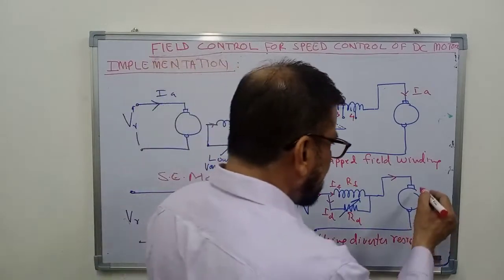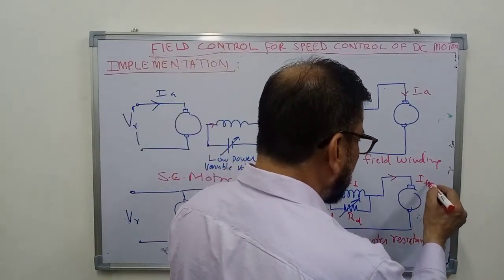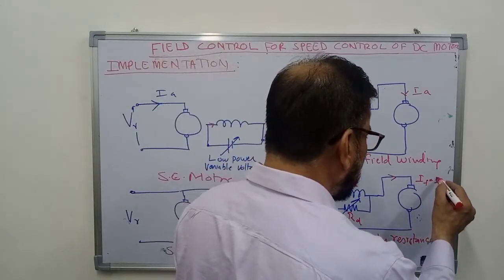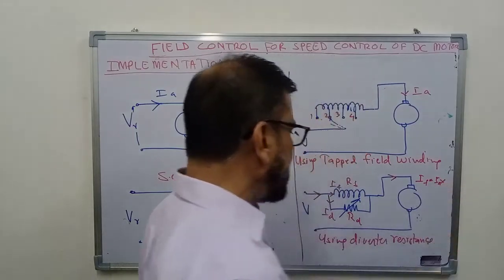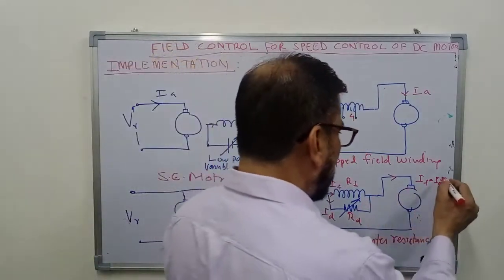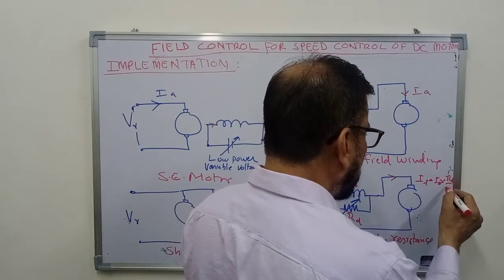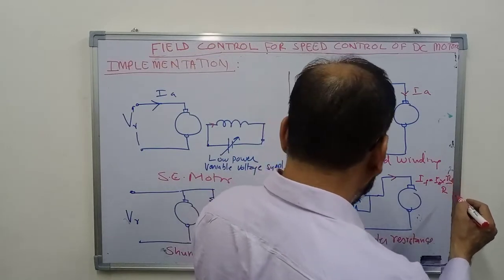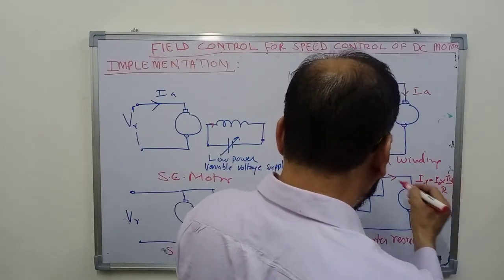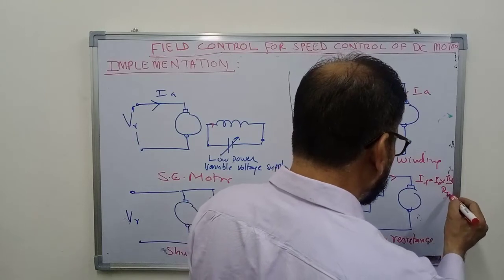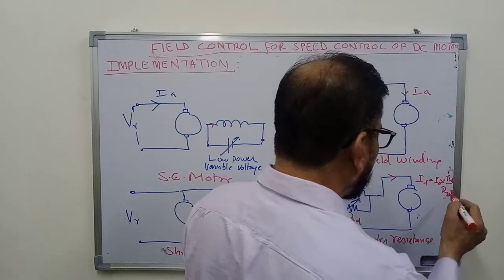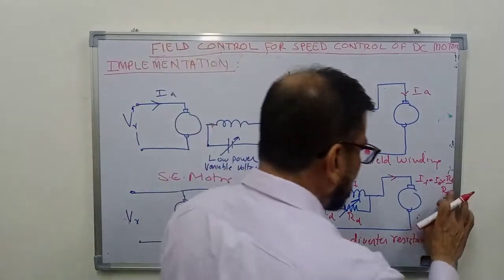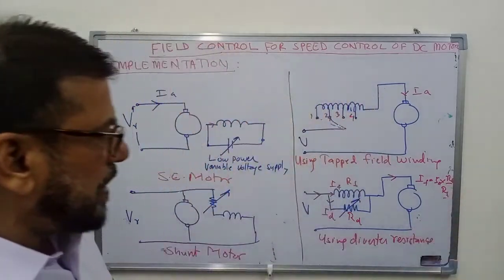So you can say that the current flowing in the field winding will be equal to IA multiplied by RD upon RF plus RD.